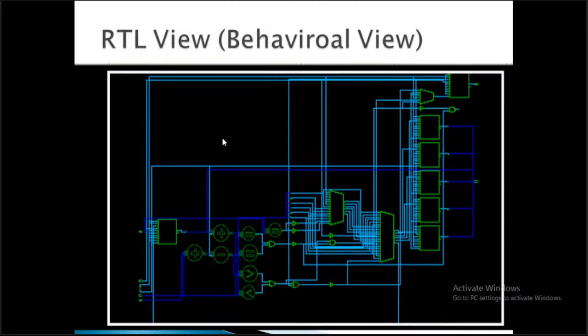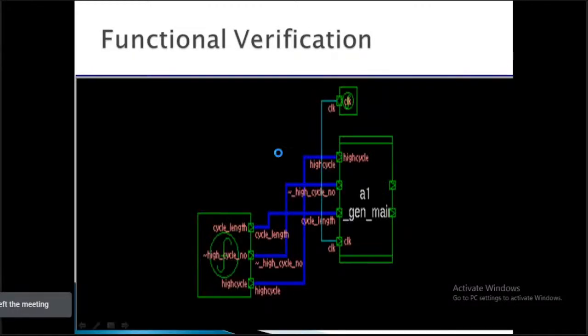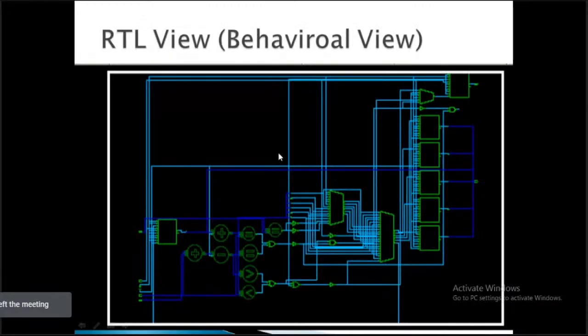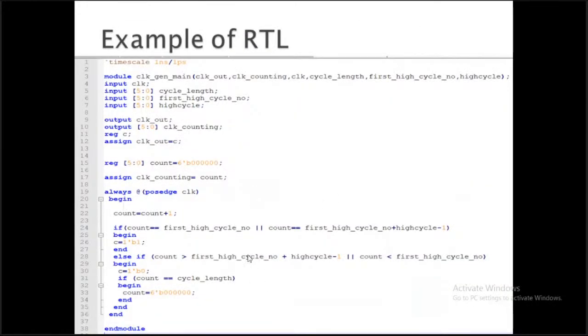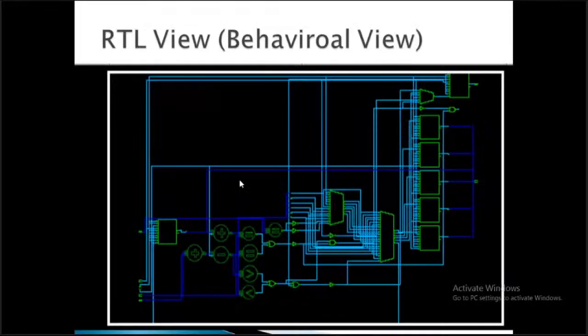When you simulate that circuit, you can see it this way. Whatever functionality we have written, plus, minus, greater than, lower than, is implemented through the simulator, and you can see those blocks here. The simulator reads the code and tries to implement those functions.